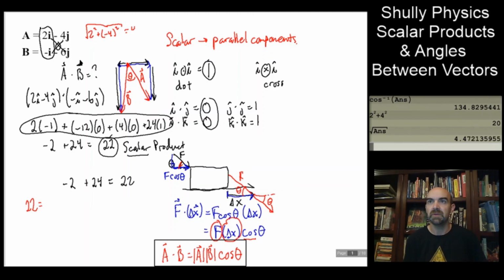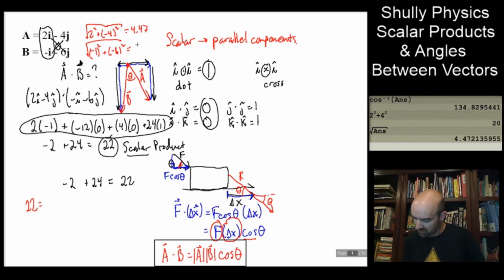So go ahead and write that up there, 4.47. And then we're going to take the square root of negative 1 squared, quantity, plus negative 6 squared. Keep it legit and leave those negatives in there.